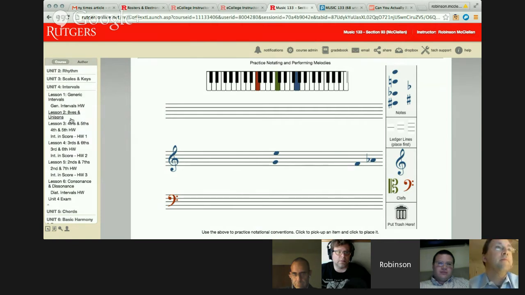We've helpfully organized the lessons to help you remember this. We have the fourths and the fifths together because they add up to 9 and they invert. That's an inversion pair. Thirds and sixths, seconds and sevenths, and then of course octaves and unisons. They add up to 9. So if you're good with that, you're going to sail through this.